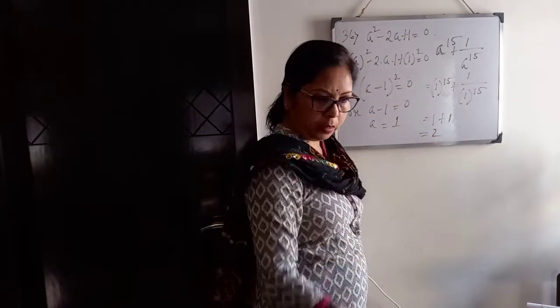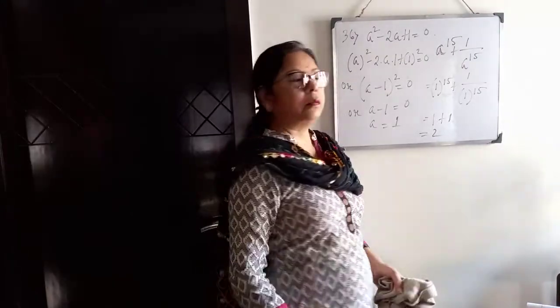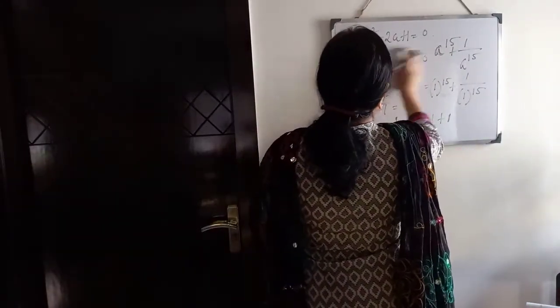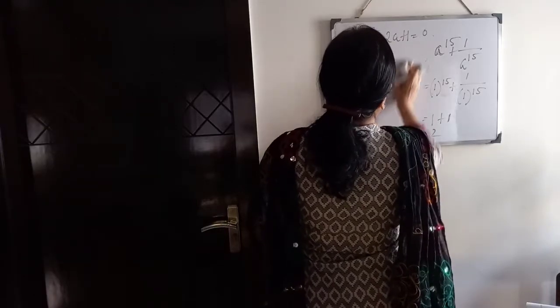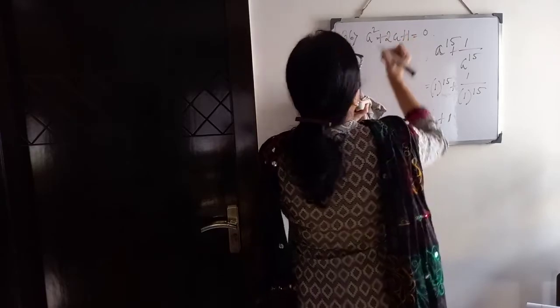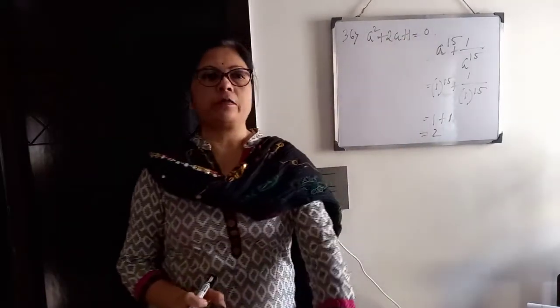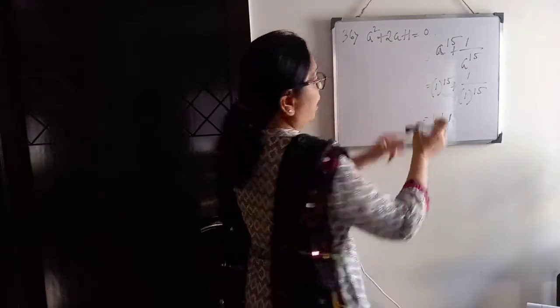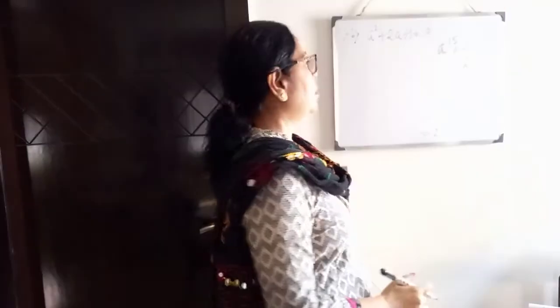Now I am changing this. Suppose it is given a square minus 2a plus 1 whole square in your book. I am writing here a square plus 2a plus 1. Clear? Now you see how the value will change.